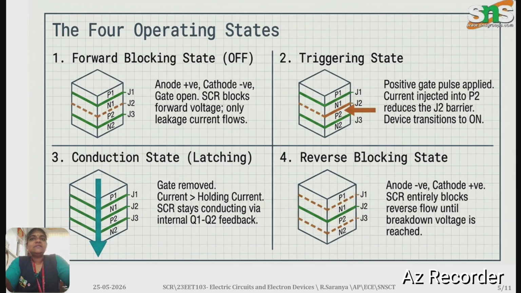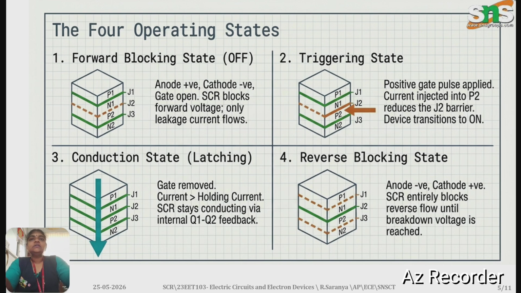The SCR receives the positive gate pulse through the junction J2, and J2 becomes forward biased. So a large amount of current flows between anode and cathode. The SCR acts as a closed switch and starts conduction. The voltage drop across the SCR is very small, and the gate loses control after the triggering.